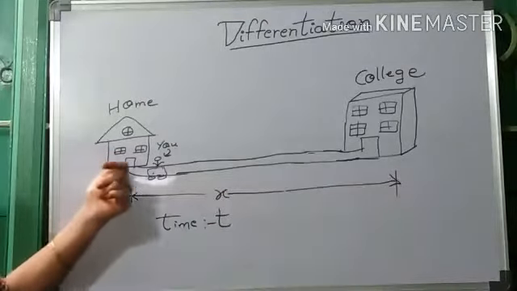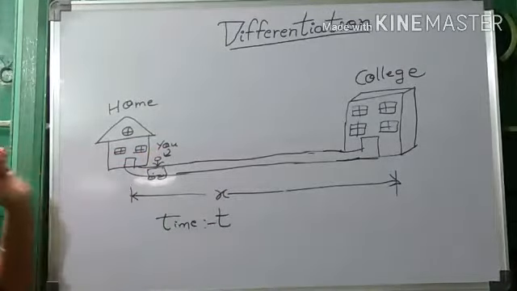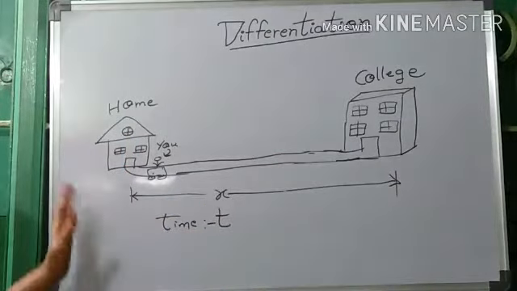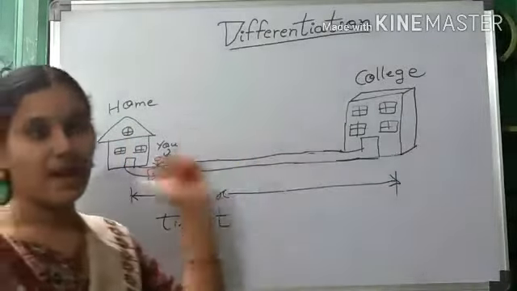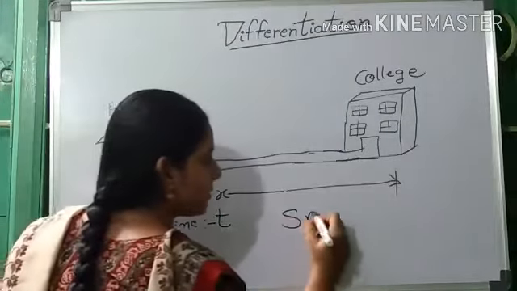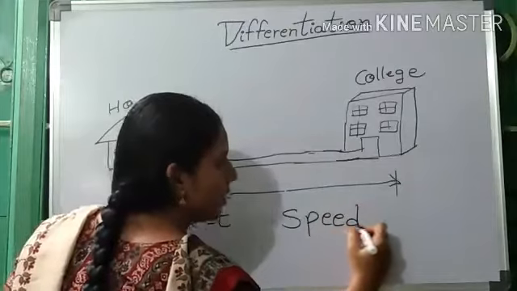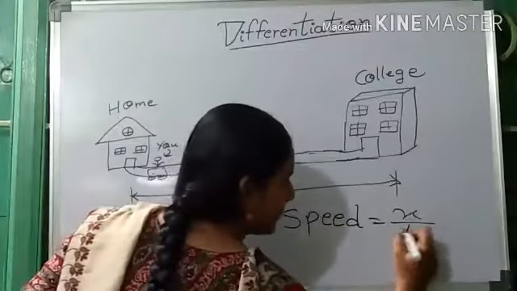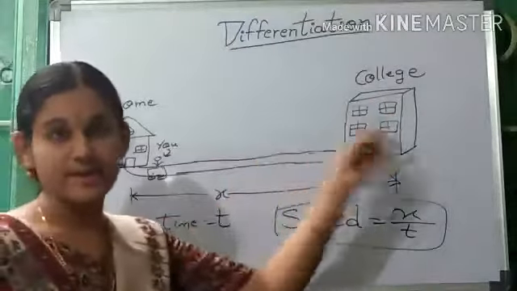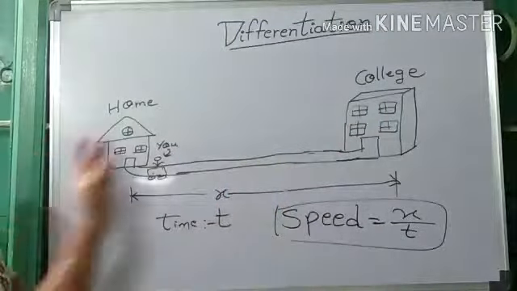You can measure the time taken to travel. Then the speed with which you went to the college is speed equal to x by t.